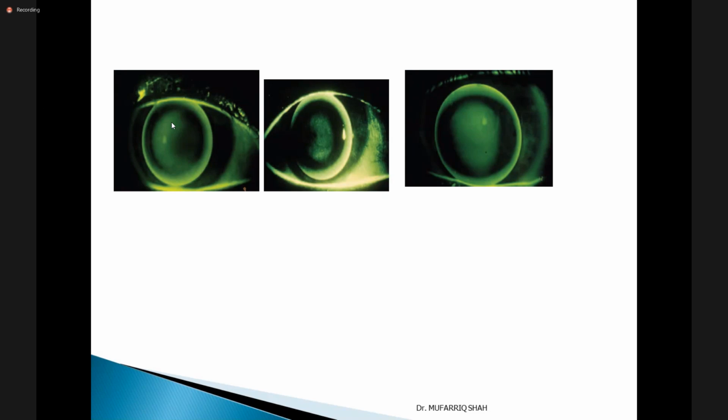So if he or she is looking at the center, then the edge lift will be optimum. If you see here, right? In this case, in the middle case, central fit is good, but the periphery here, the edge lift is much greater.